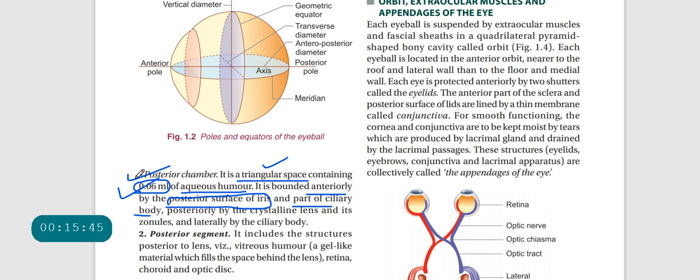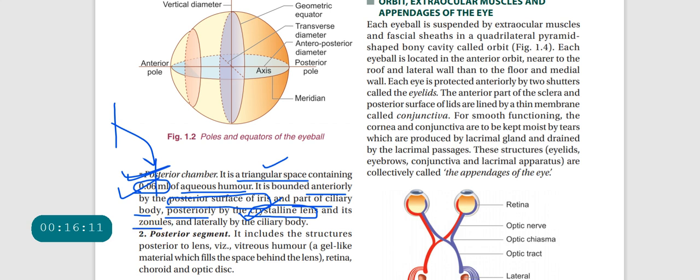Then posteriorly by the crystalline lens. So the posterior wall of the posterior chamber is made by the crystalline lens and zonules, and laterally it is bounded by the ciliary body.